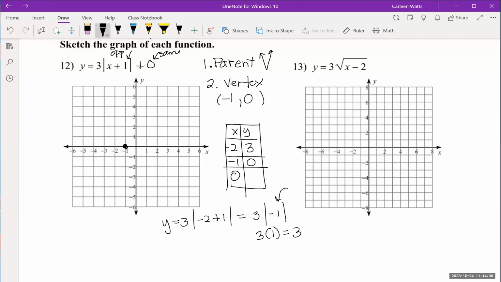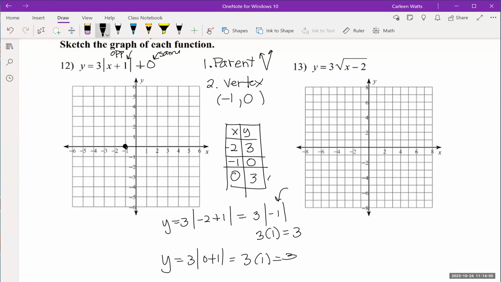Okay, now let's plug in 0. Y equals 3 times absolute value of 0 plus 1. So what is that going to give us? Three times 1 equals 3. And with absolute value, those two, if you really did grab the vertex, those two should match.